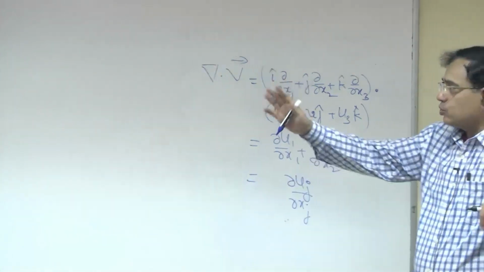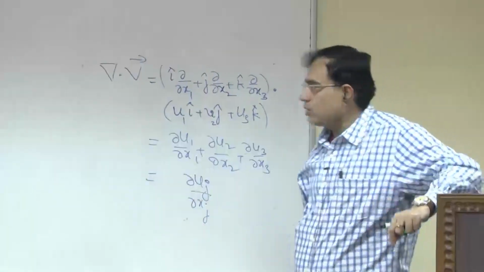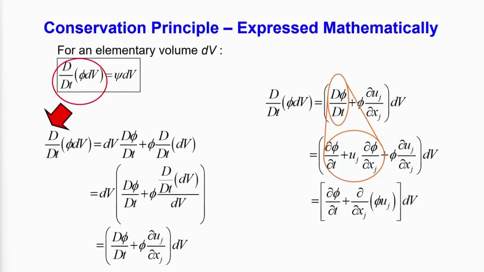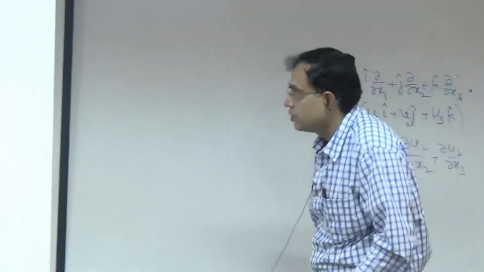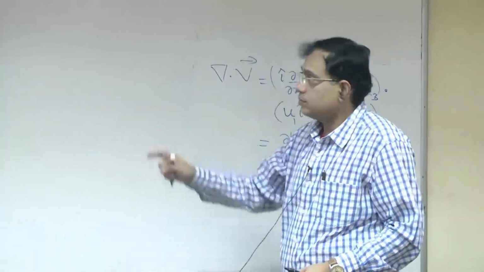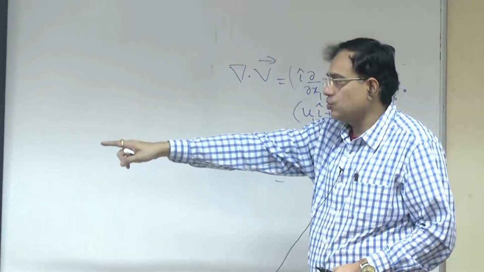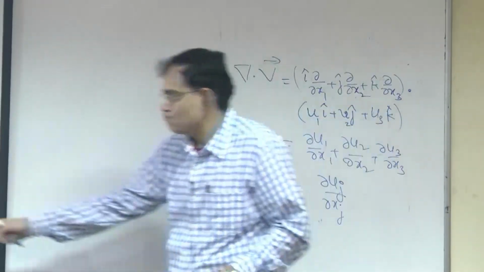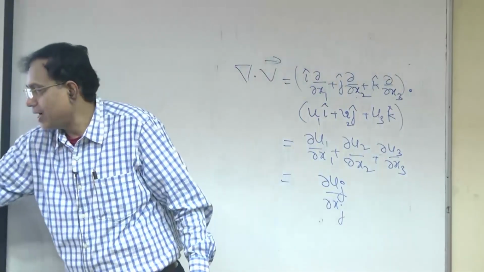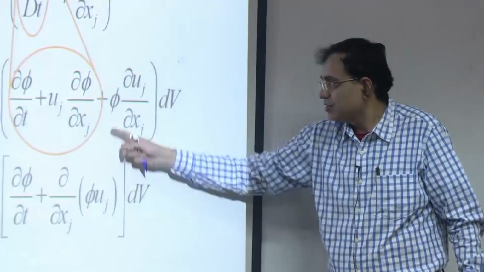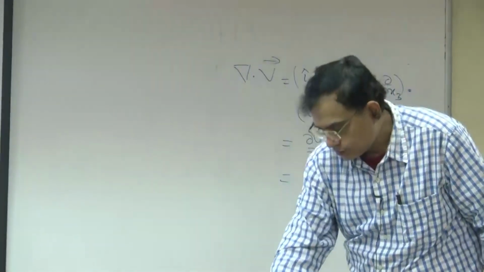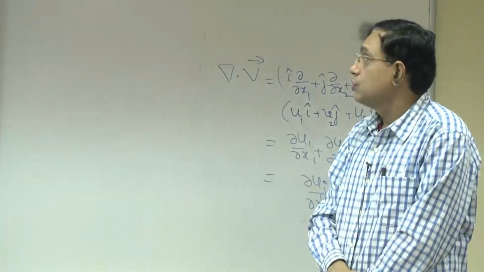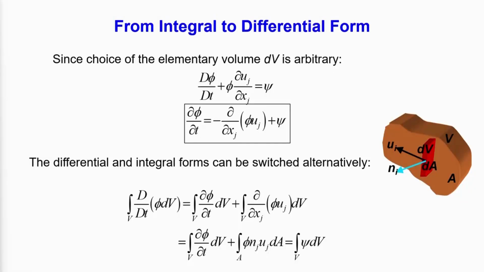Now if you use the product rule for these two terms together, this is what you can write. The net change, you have this first term and the second term, which is just the combination of this. Remember, the right hand side was integral of psi dV.